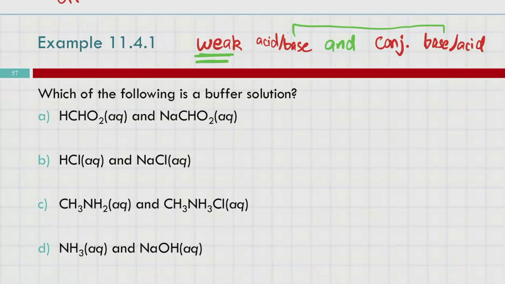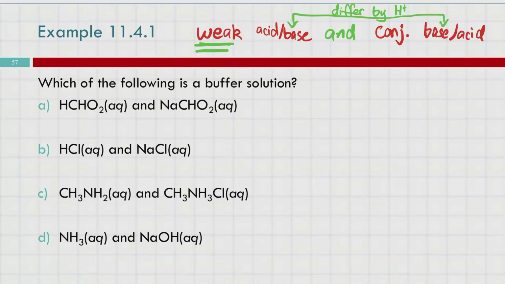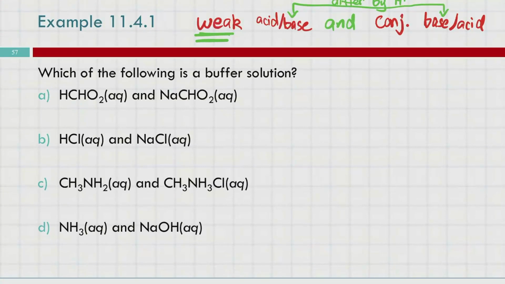Our conjugate and our non-conjugate, the difference is a proton. One of them has it, that's the acid. One of them doesn't, that's the base. So take a second, look through each of these, and figure out which of them, if any of them, maybe multiple of them, is a buffer solution.